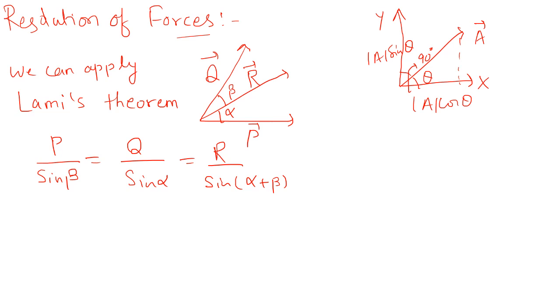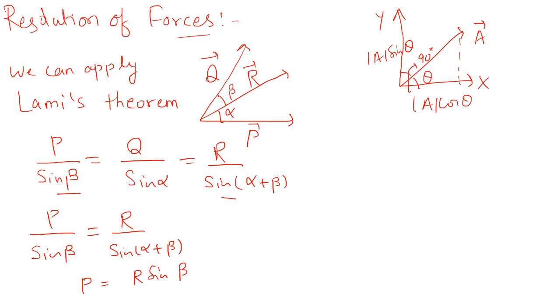Now if you equate these equations, you get P upon sine beta equal to R upon sine alpha plus beta. So what is the value of P? P is R sine beta upon sine alpha plus beta.